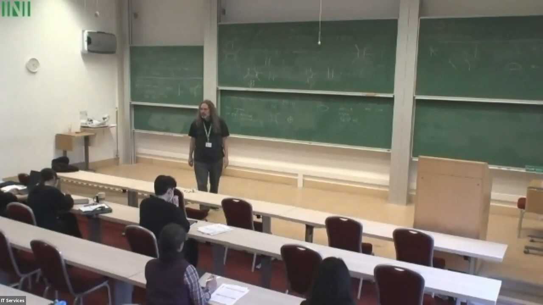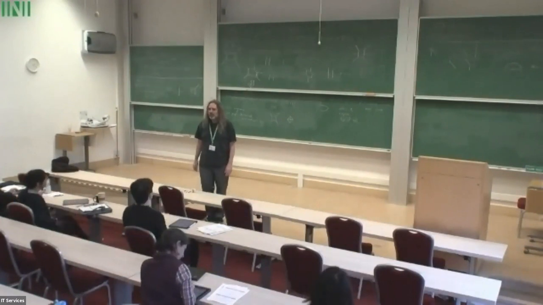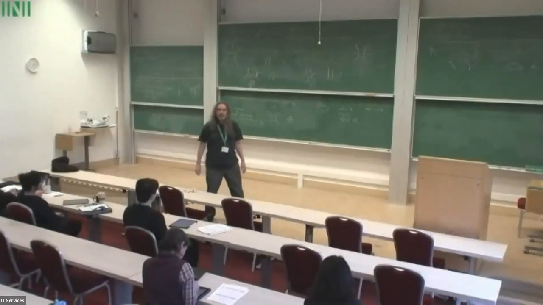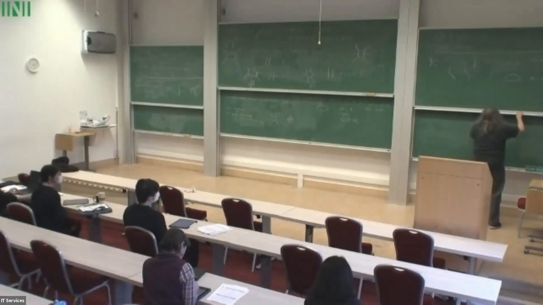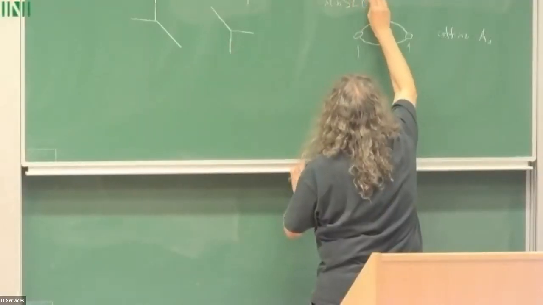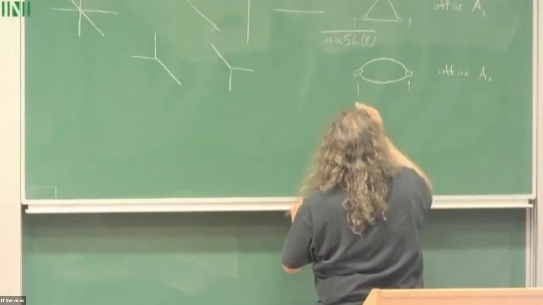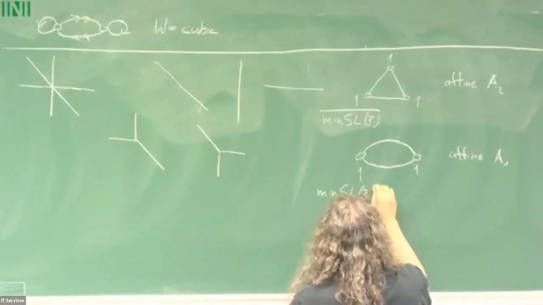It's not equal. So the moduli space will be a union of the, yeah, so the Coulomb branch here is the minimal nilpotent orbit of SL3 closure. The Coulomb branch here is the minimal nilpotent orbit of SL2 closure.